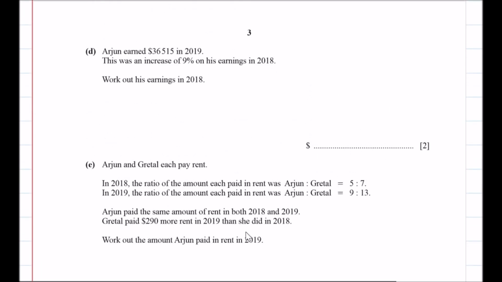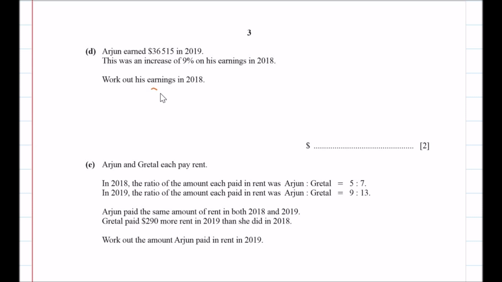Here it says Arjun earned $36,515 in 2019. This was an increase of 9% on his earnings in 2018. Work out his earnings in 2018. So we can solve like this.